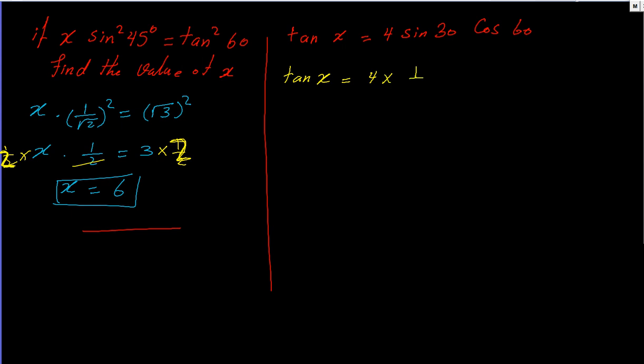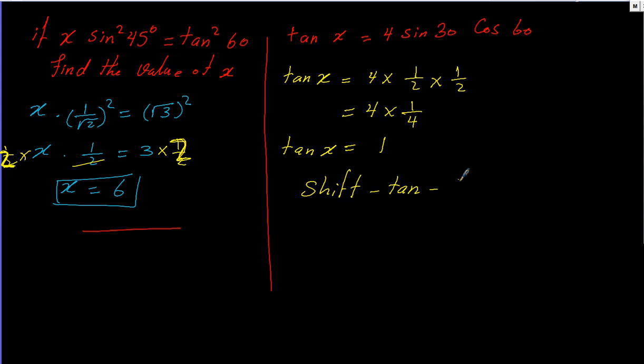Equals 1 over 2, multiplied by cosine 60, also equals 1 over 2. So 4 multiplied by half times half equals a quarter, and 4 times a quarter equals 1. So tan x equals 1. You can use the calculator, just write shift tan, then write 1, then equal, you will get x equal to 45 degrees.